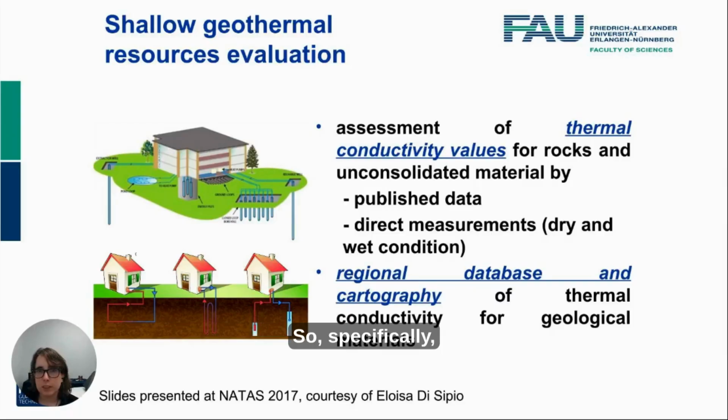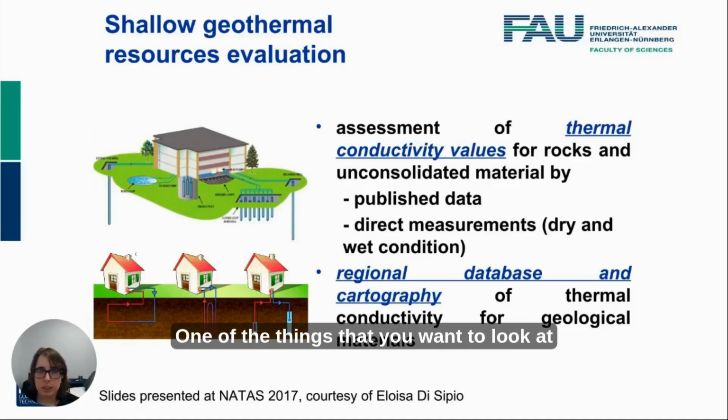Specifically, in shallow geothermal resources evaluation, one of the things that you want to look at is the thermal conductivity values of rocks and unconsolidated materials that are characteristic of the basins that you're evaluating for exploitation in shallow geothermal resources type of systems.